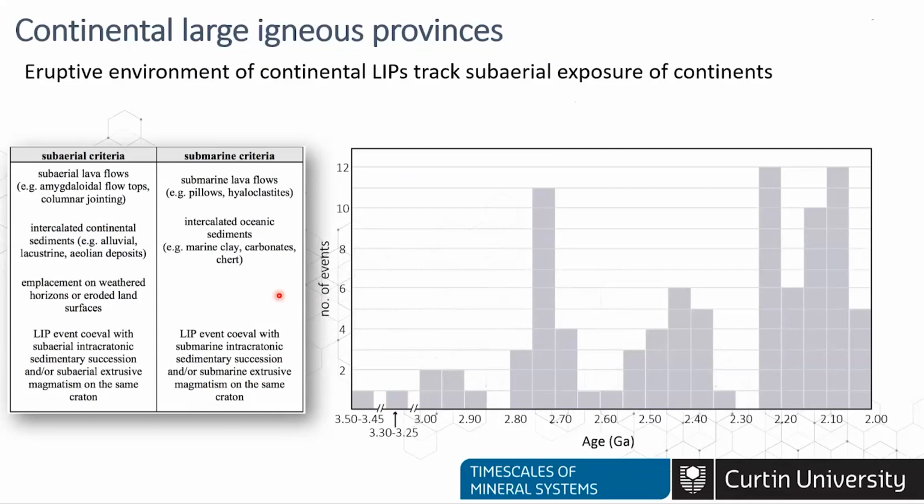So in those cases, it's a lot more challenging, if not impossible, to classify the eruptive environment. In some cases, we could still do it based on correlations with intracratonic sedimentary successions or other volcanic rocks if precise enough and robust age constraints were available. But yeah, it's a lot more challenging for intrusive rocks, obviously.